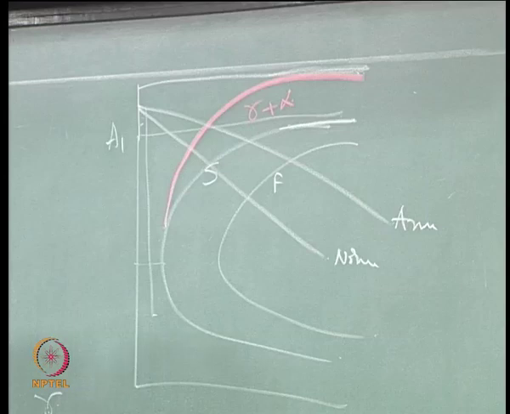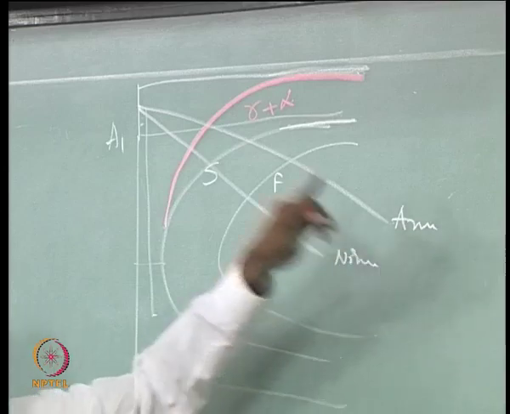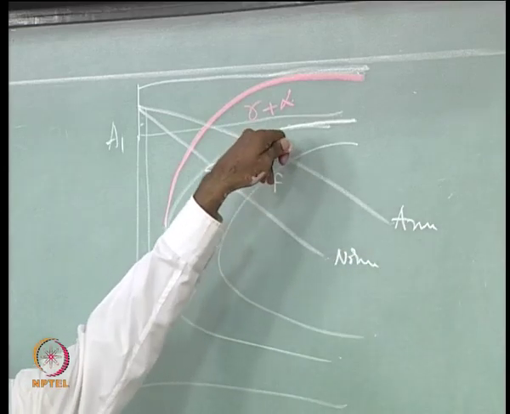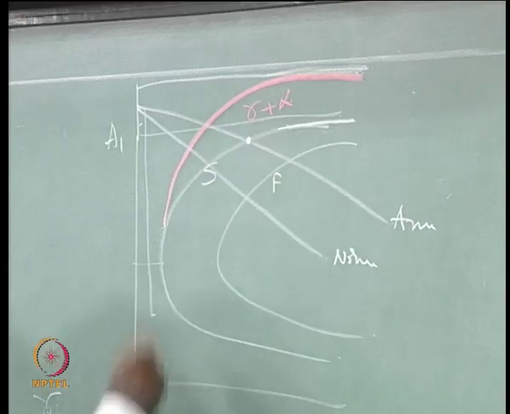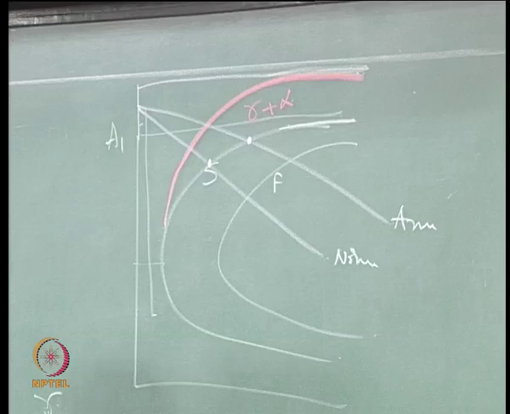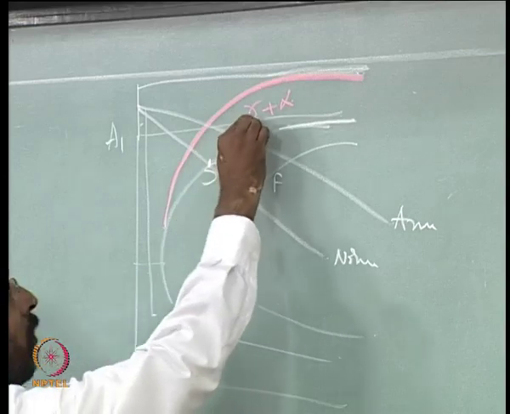What is the difference between these two cases? The annealed one intersects the TTT diagram at this point, and the normalized one intersects the TTT diagram at this point. The difference between these two is the extent of undercooling.